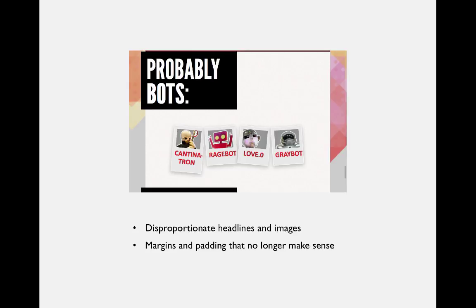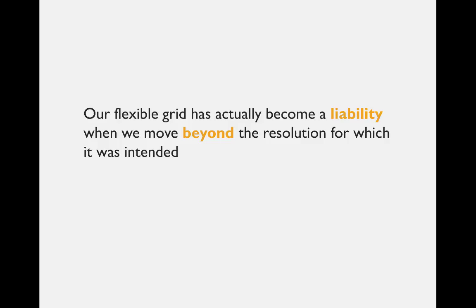We're also still using pixels for the top and bottom margins and padding, and either way, this is becoming very disproportionate. So what happens is our flexible grid that was so awesome on a lot of the larger screen sizes has actually become a liability and is rather painful when we go beyond the resolution in which the original website was coded for, which is typically still going to be your laptop or desktop.